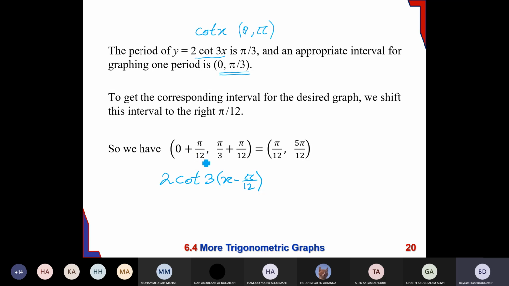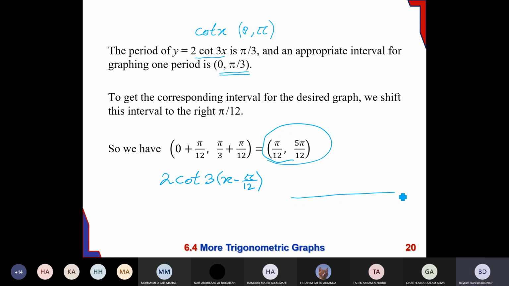So 0 plus pi over 12 is pi over 12, and pi over 3 plus pi over 12 is 5 pi over 12. So these are the new shifted asymptotes for cotangent. So I can sketch the cotangent graph between pi over 12 and 5 pi over 12.